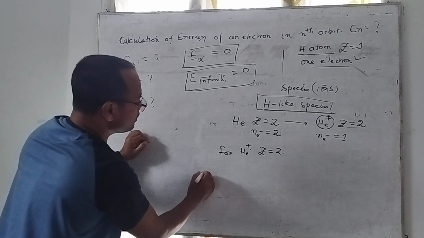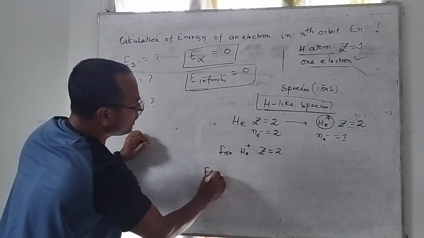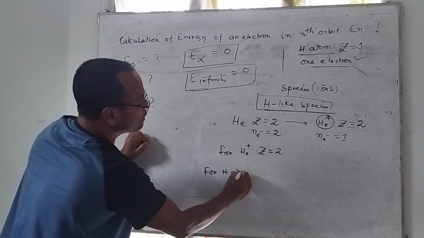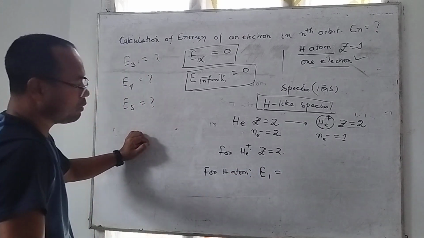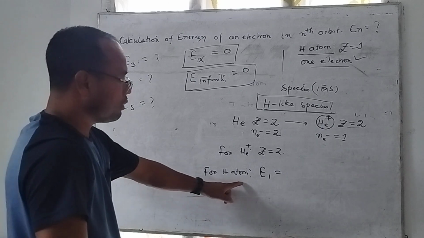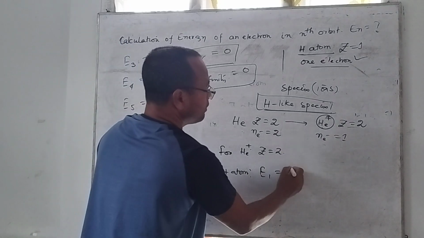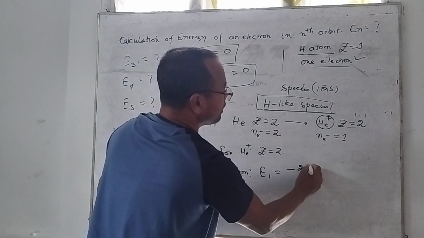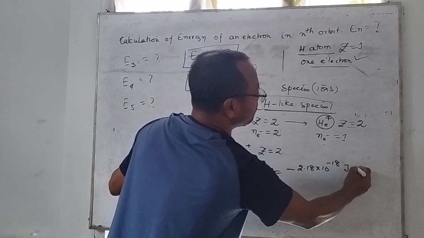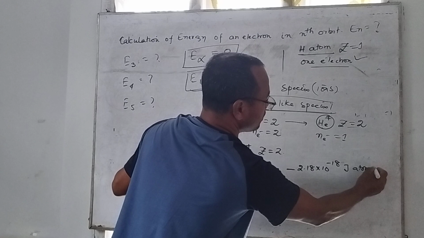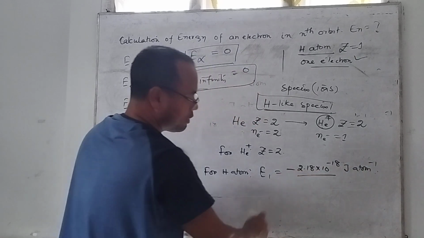For the same energy levels as the hydrogen we calculate, so for hydrogen atoms, E1, how much did we find? We write minus 2.18 into 10 to the power minus 18 joule per atom. If we calculate in joule per atom, we have found this much.